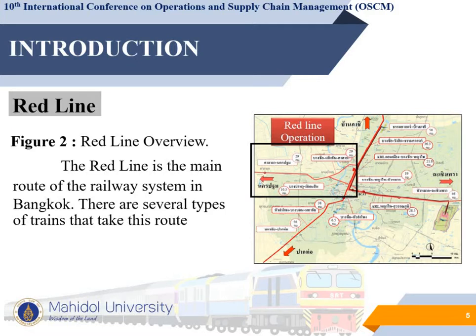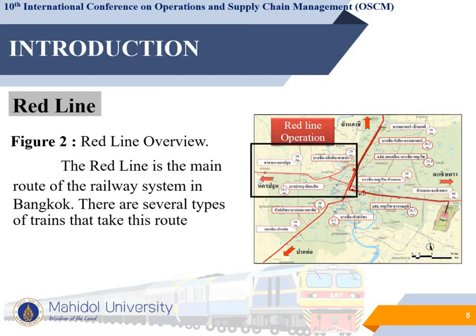The Bang Sue station is the control center of the railway system. The Red Line is the main route of the railway system in Bangkok. There are several types of trains that take this route, including long-distance trains, suburban trains, and freight trains.